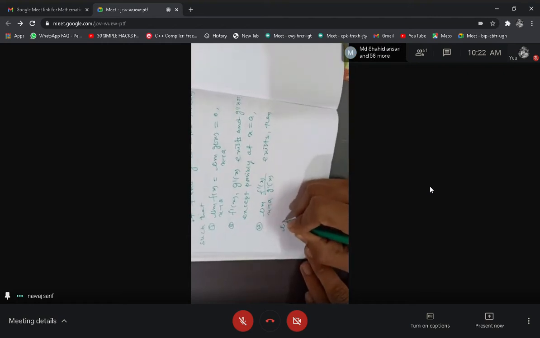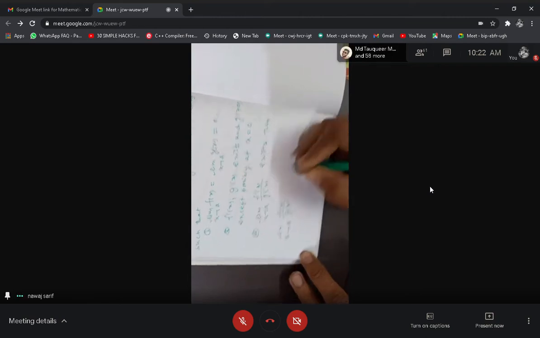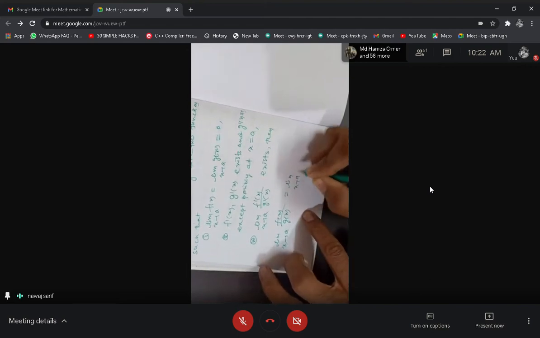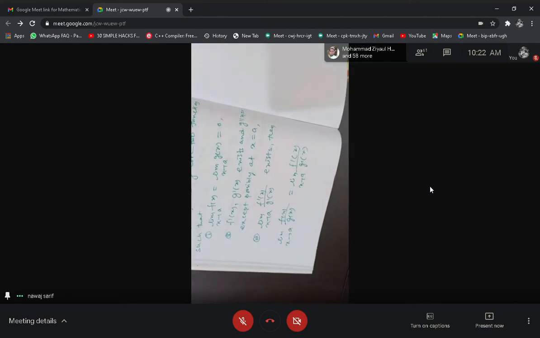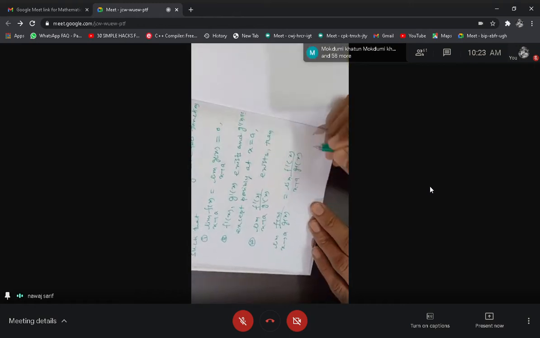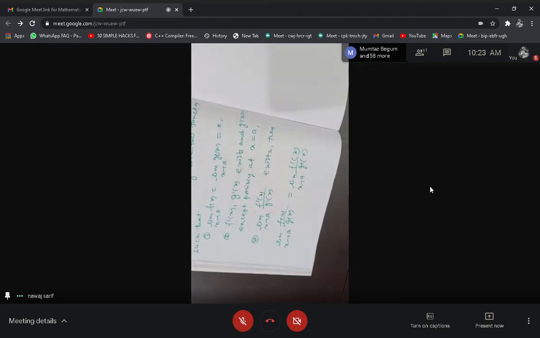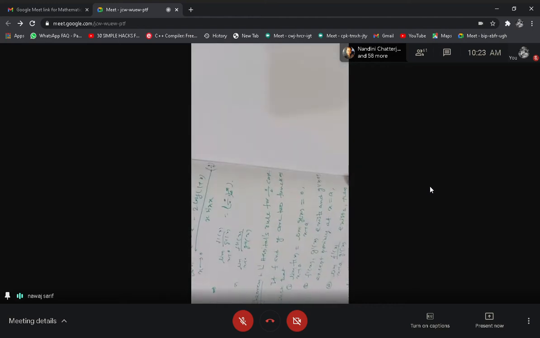Then this theorem tells us limit of fx upon gx is limit x tending to a f dash x upon g dash x. So this is the limit of the function. So this is called L'Hospital's rule for 0 by 0 case.